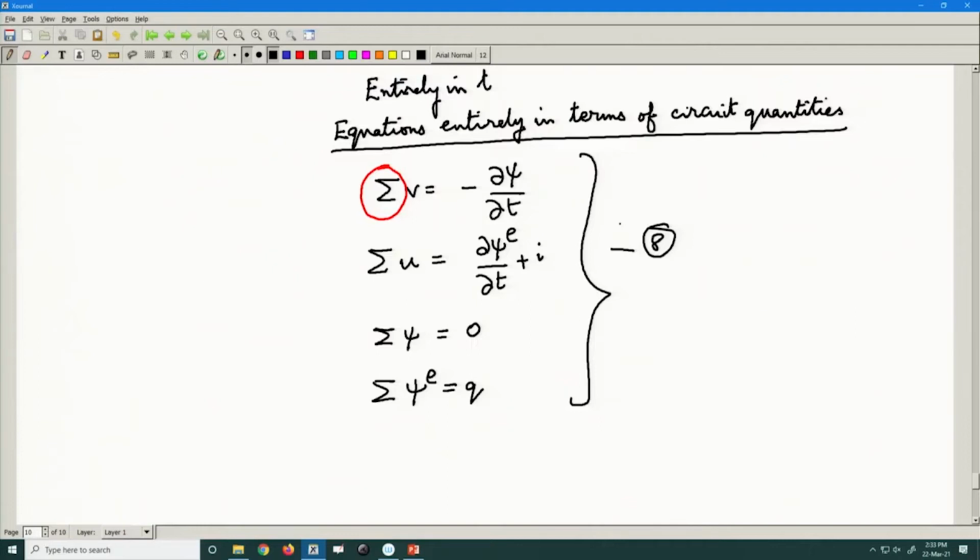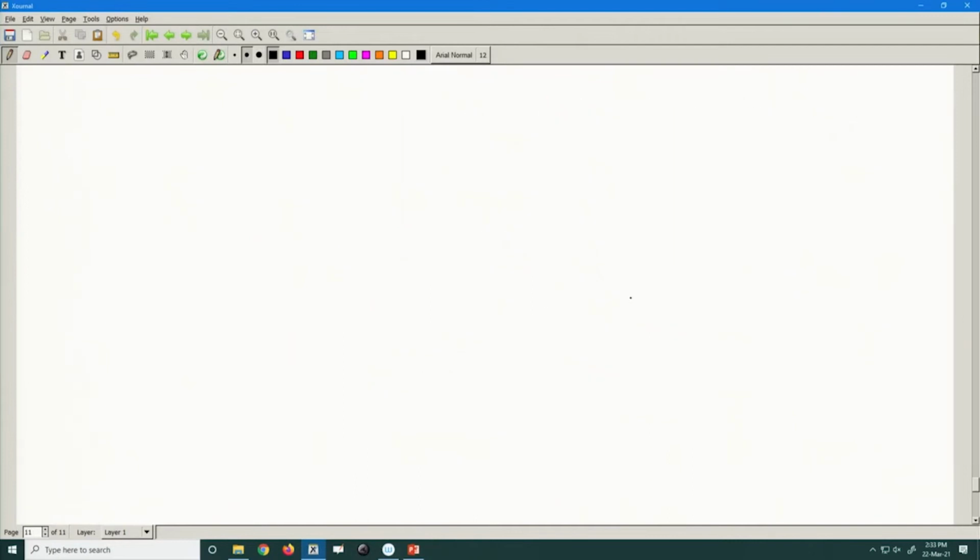Okay. So, furthermore, from equation 7, summation of I is equal to minus dq by dt.